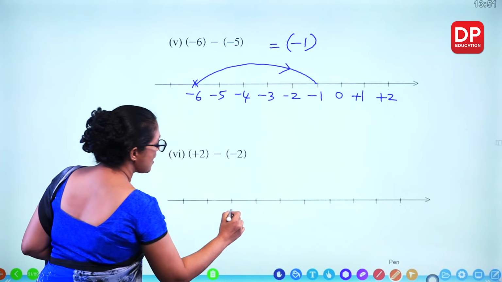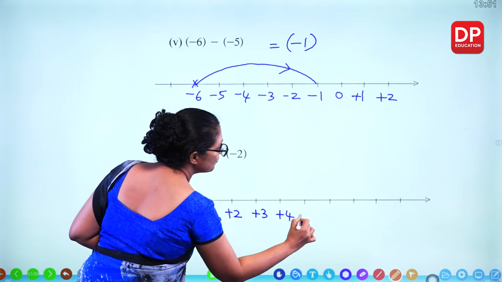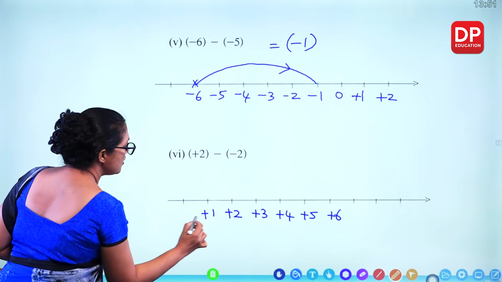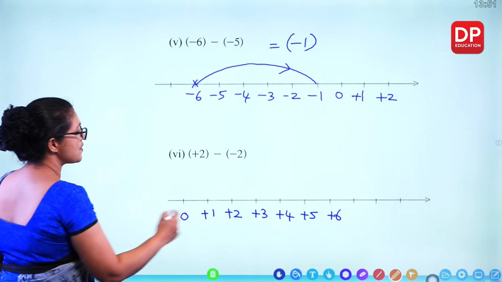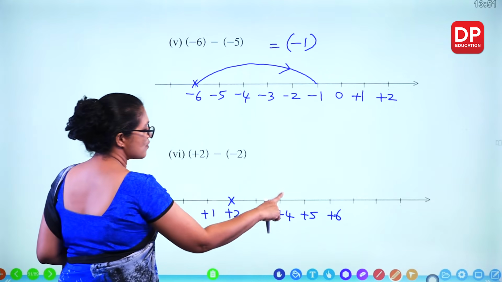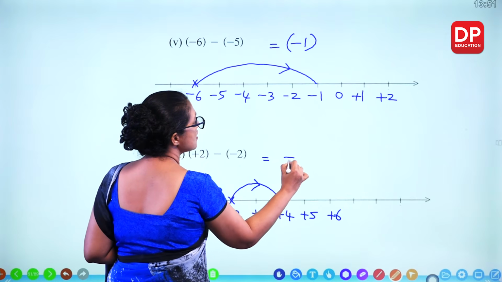So I can start with plus 2 here. Here plus 1 and 0. Starting with 2 and 2 places to the right, this is plus 4.